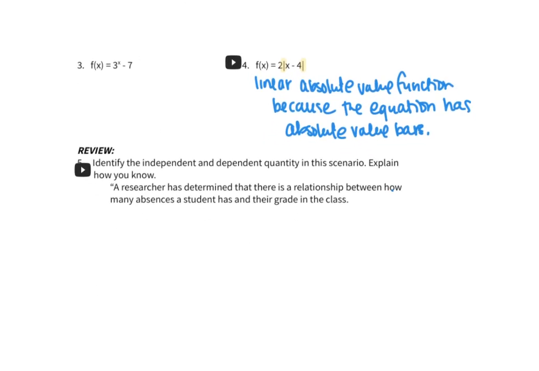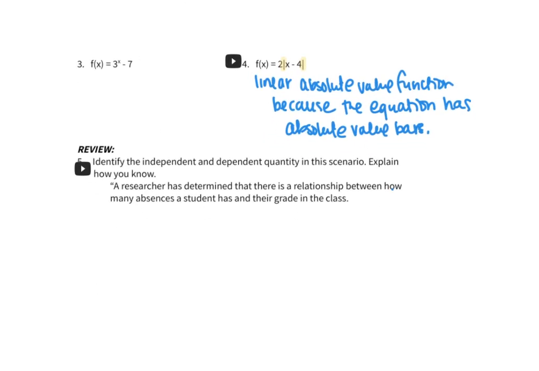Okay. Now looking at number 5, it says to identify the independent and dependent quantity in the scenario, explain how you know. A researcher has determined that there is a relationship between how many absences a student has and their grade in the class.